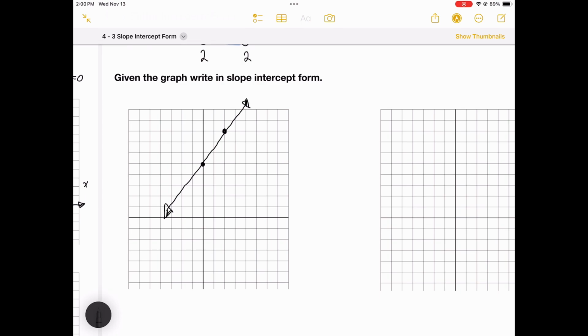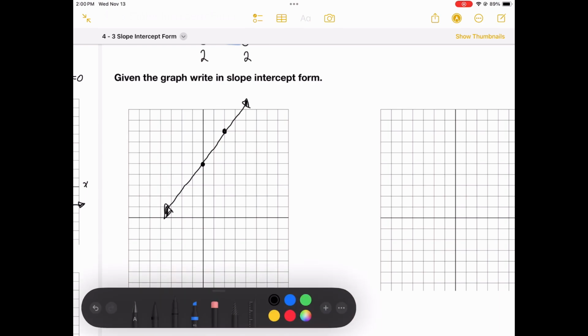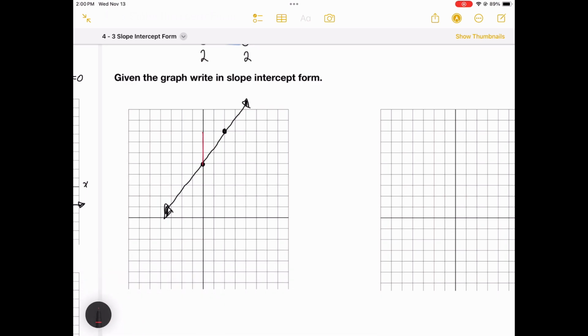And it's going to say, hey, given the graph, write in slope-intercept form. So what I'm going to do is I'm going to see how much I went up to get to even with that other line. So that's 1, 2, 3. Then I see how much I went over, which is 2. So my slope is going to be 3 over 2.